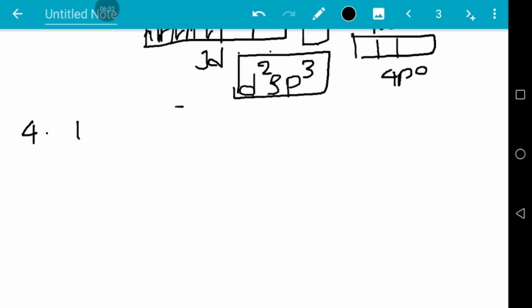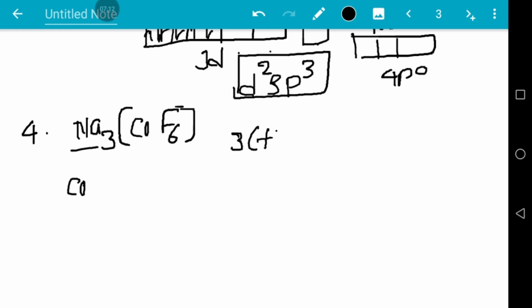And next one, the fourth one, Na3[CoF6] they given. Now in this, the central metal atom is cobalt. So calculate the cobalt oxidation state. 3 sodiums, each sodium charge is +1, so 3 into +1, plus cobalt oxidation state we don't know, so put x, plus 6 fluorines, so 6 into each fluorine is -1, equal to 0.